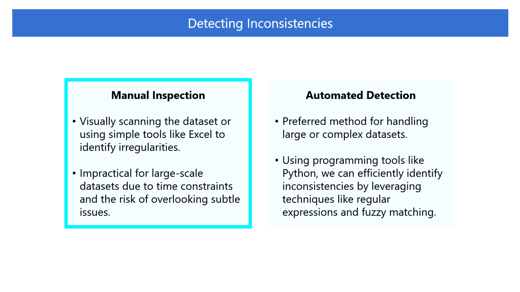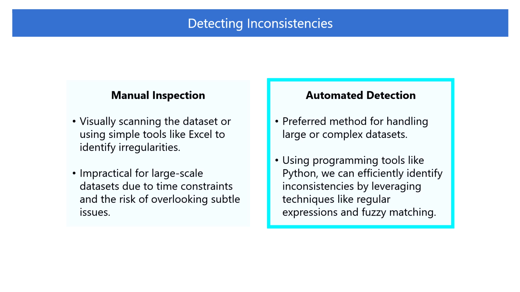Manual inspection involves visually scanning the dataset or using simple tools like Excel to identify irregularities. While this approach can be effective for small datasets, it becomes impractical for large-scale datasets due to time constraints and the risk of overlooking subtle issues.